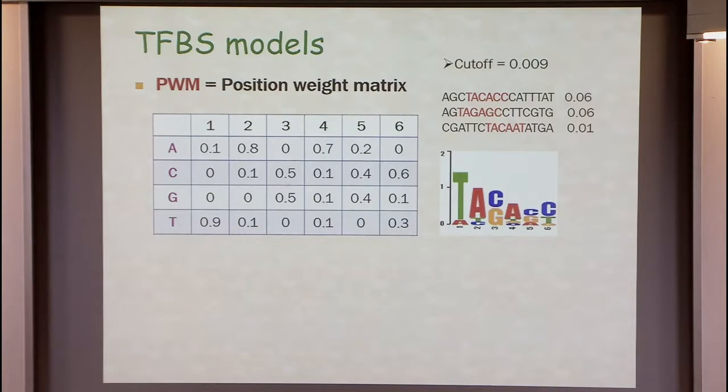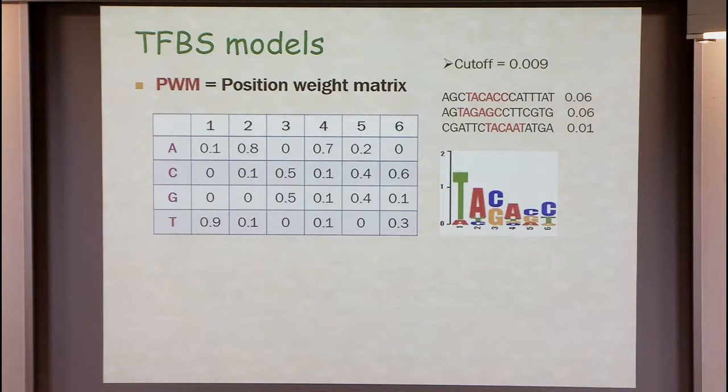And what is the height of each character? That's the inverse of the entropy. So as the position gets more strict, the letter is higher. For example, in the first position, we have 90% given to T, so we see that this is a very high character. In a more uniform position, we see that the letter is very low. So that way we can get a sense of how strict the position is.